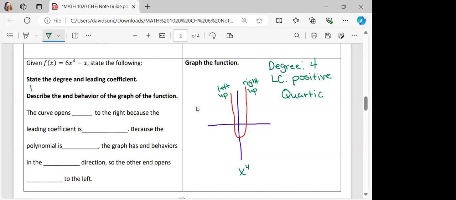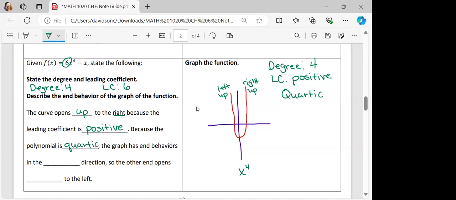Right, so the degree of the polynomial, that's the highest power, is 4. The leading coefficient, the actual number itself that's in front of x to the fourth, is a 6. The curve opens up to the right because the leading coefficient is positive, because the polynomial is quartic.